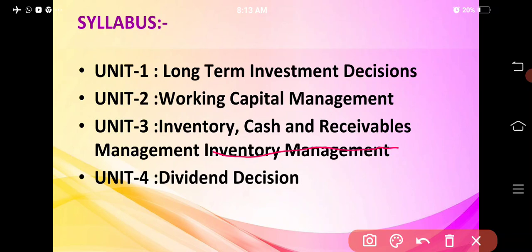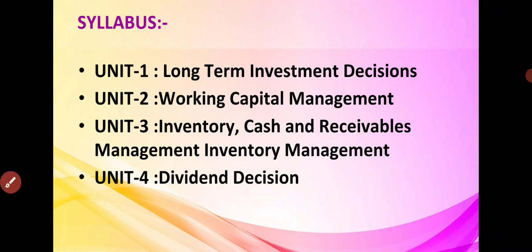And the 4th unit is about dividend decision, the dividend which is going to be paid by the company to its shareholders. At that time, the company takes various kinds of decisions.